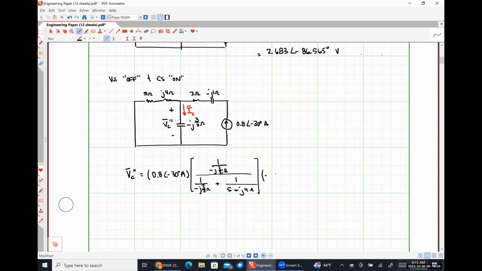And I'm going to multiply this by negative j3/2 of an ohm. And I can see actually that this guy and this guy cancel each other out.